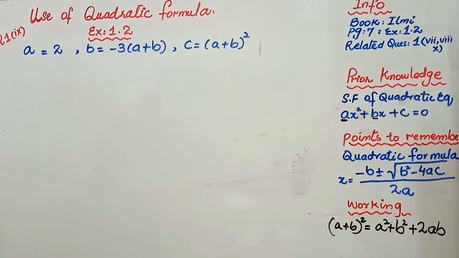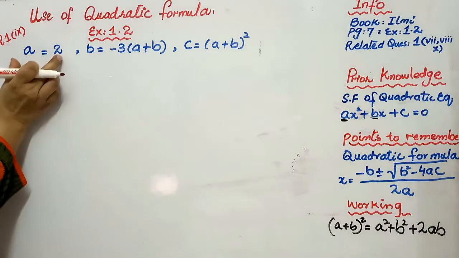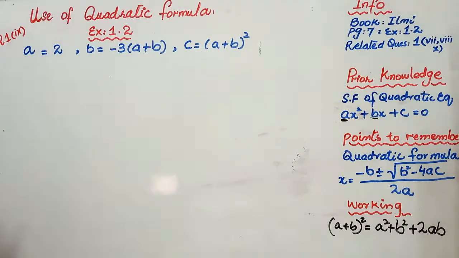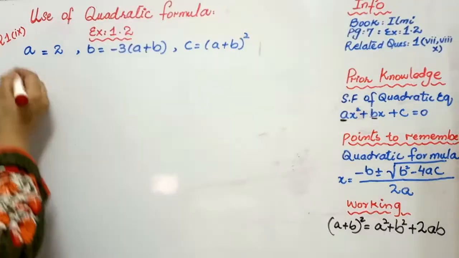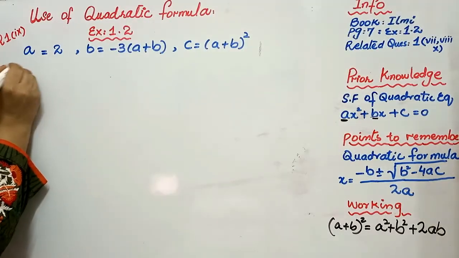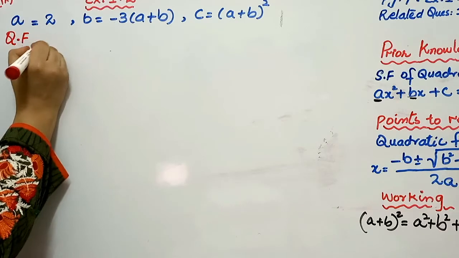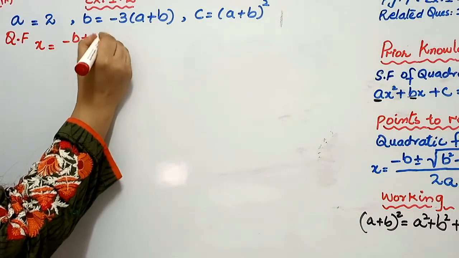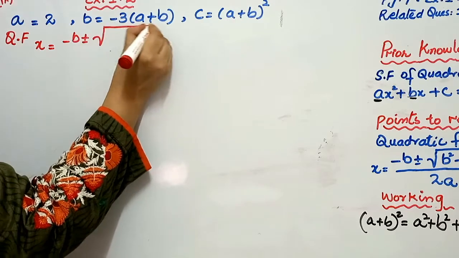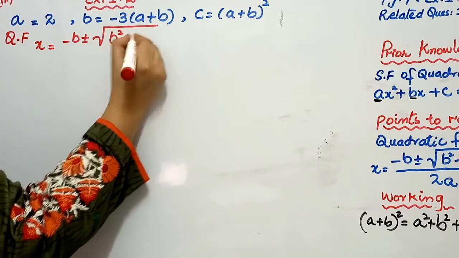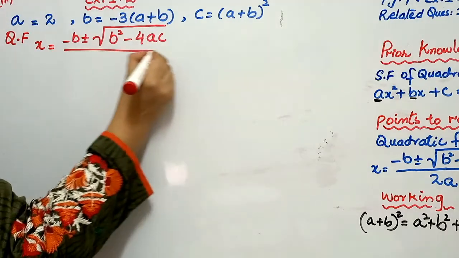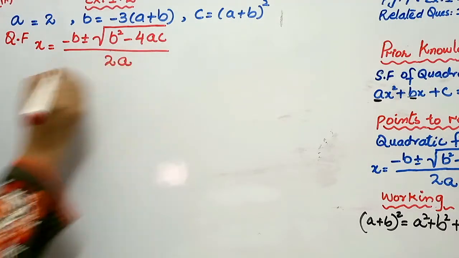Getting? Now after taking out these three values of a, b and c, we need to write down the formula of quadratic equation. That is, x is equal to minus b plus minus under root b square minus 4ac by 2a.